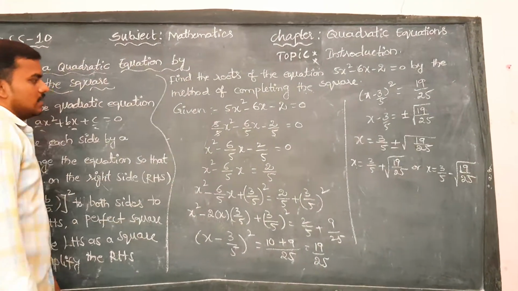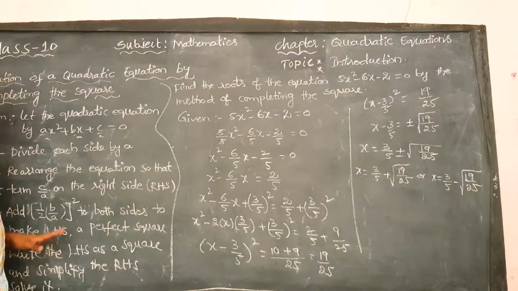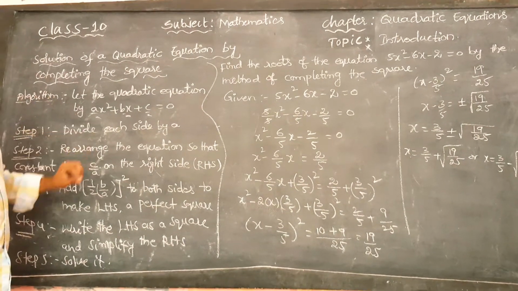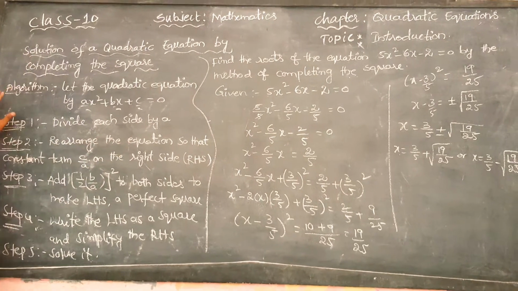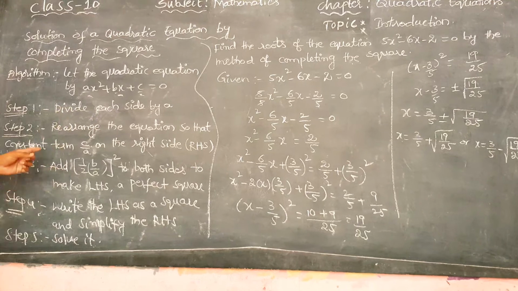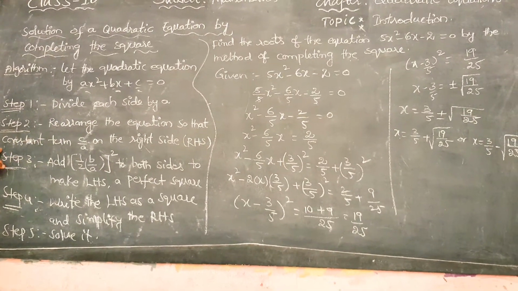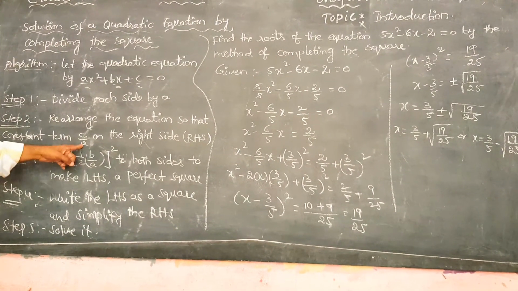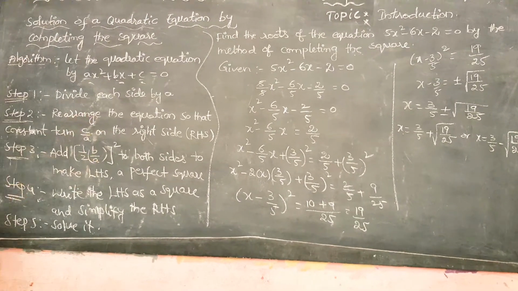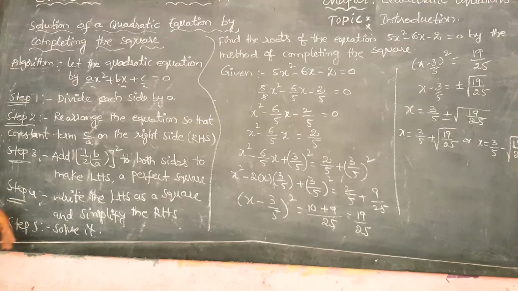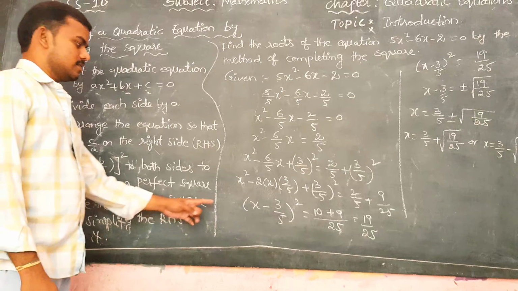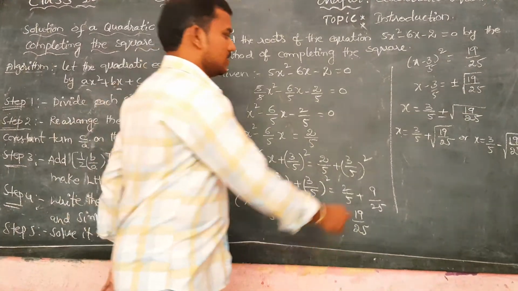So this is the completing the square method, an important method in this chapter. First we follow the algorithm. Step 1 is divide each side by a and rearrange the equation so that the constant term c by a is on the right side. Step 3 is add 1 by 2 b by a whole square to both sides. Step 4 is write the LHS as a square and simplify the RHS. So we get the x values.